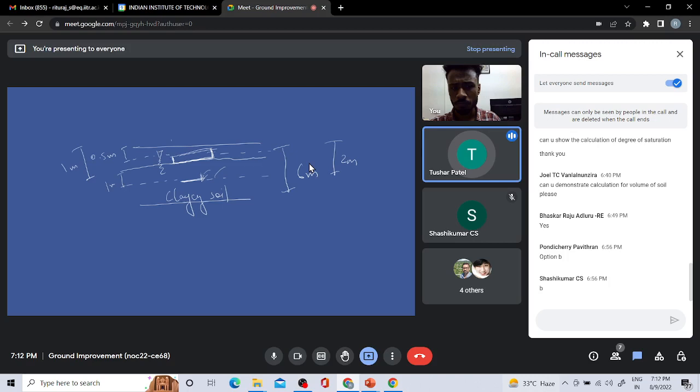Sure, Shashi and Tushar, I'll check it. If they had done it, maybe it was not required for the other two criteria, as it was satisfying in general shear only. But if they had not checked that, I'll get back to you with the calculations in the next problem solving and discussion session.